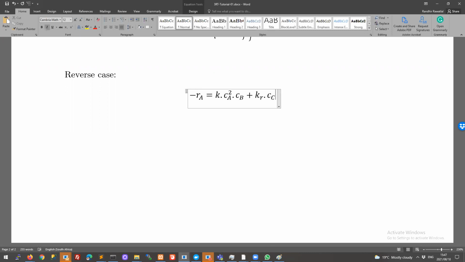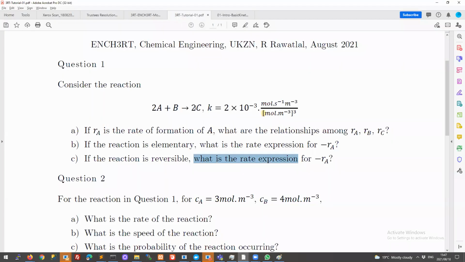So we are assuming this is elementary. And now let's think about what's happening here. If it's the reverse reaction, then C is breaking down to give us back A. So the reverse reaction results in the formation of A.